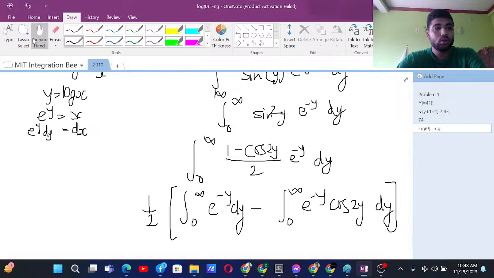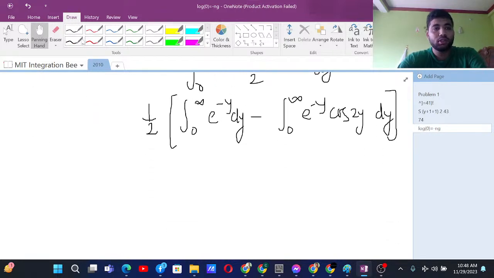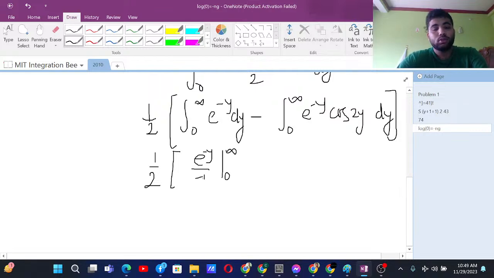Now to deal with the first integral, it's not that hard, but for the other one we will need a standard formula. The first one is e to the power minus y by minus 1 from 0 to infinity. At infinity we have e to the power minus infinity, so that's 1 by e to the power infinity, and 1 by infinity is just 0.